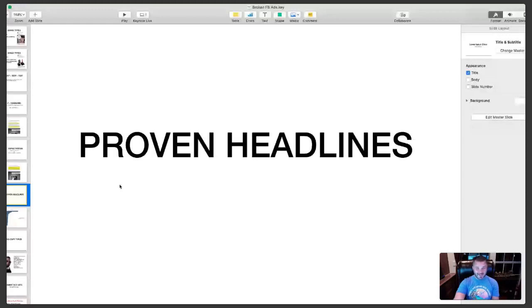And what they found is the headlines that got the most response, the most engagement. They looked at Facebook ads, blog posts, online news sites, and all this different stuff.